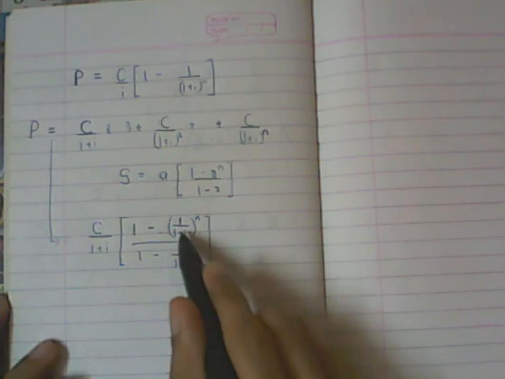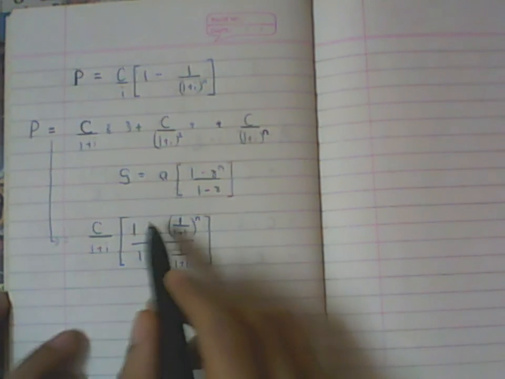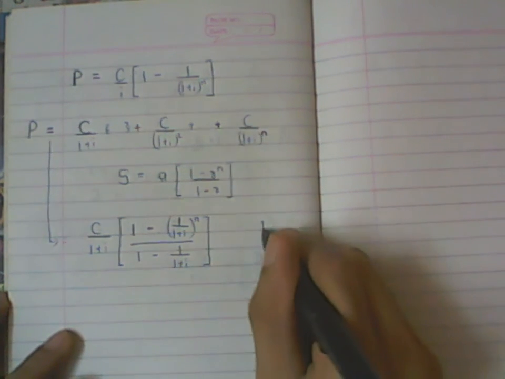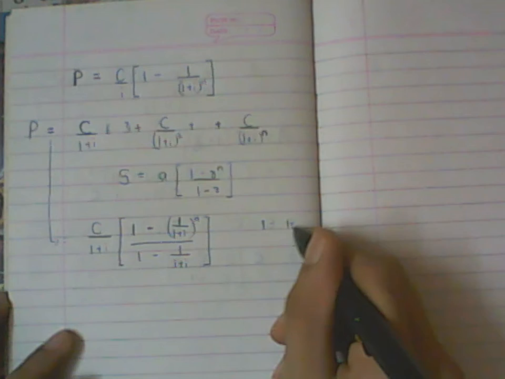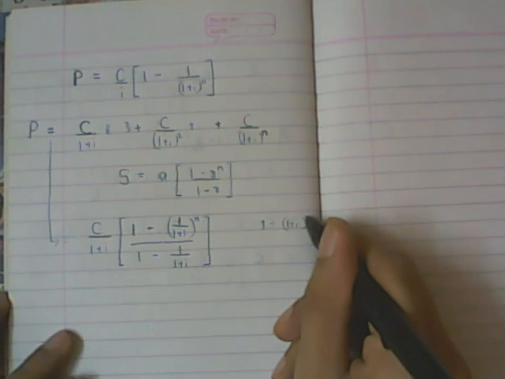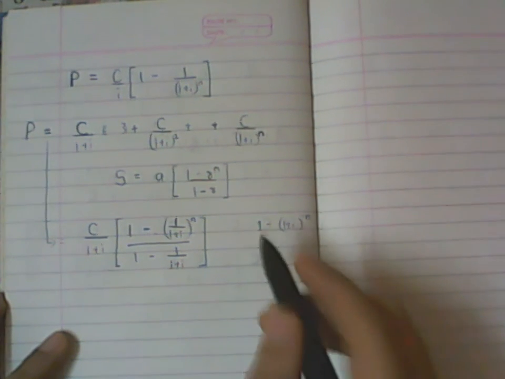The numerator is actually 1 minus 1 plus I raised to the negative n power, and that is what is there in my formula.